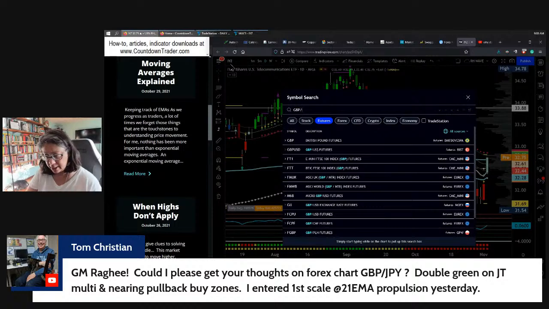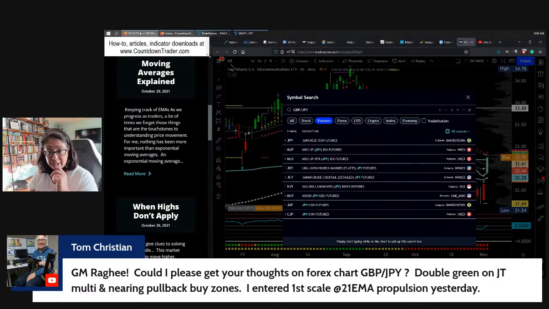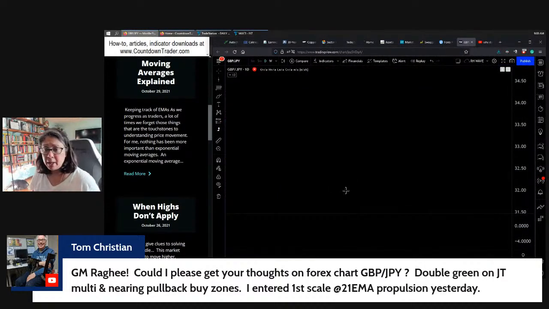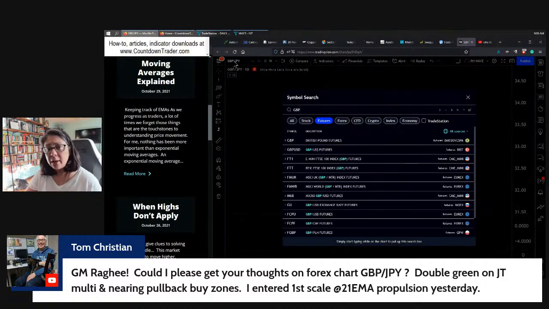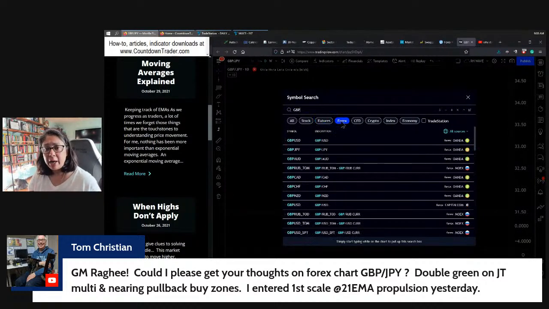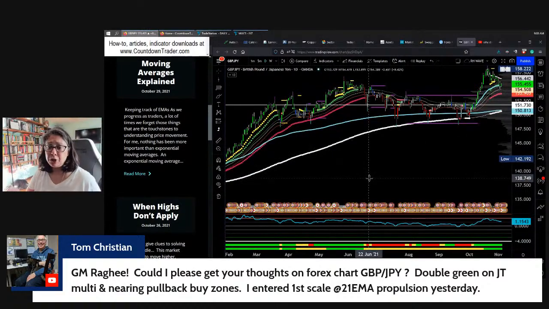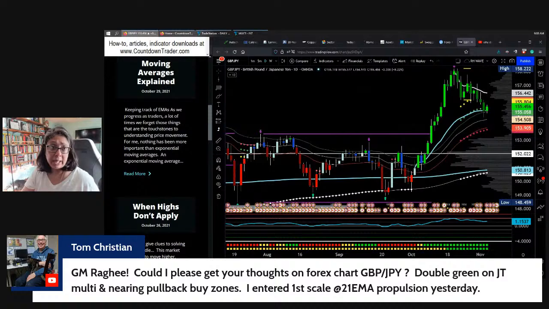The pound yen is actually more interesting from the aspect of the yen. And if equities are going to continue to move higher, where's my pound yen here? If equities are going to continue to move higher, that should put more downward selling pressure on the yen.